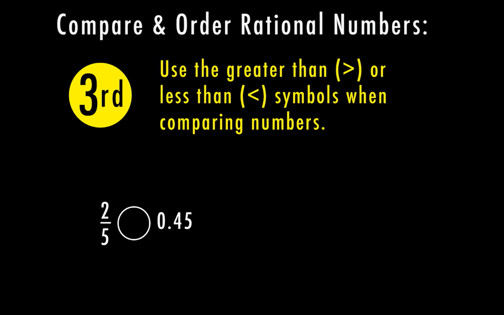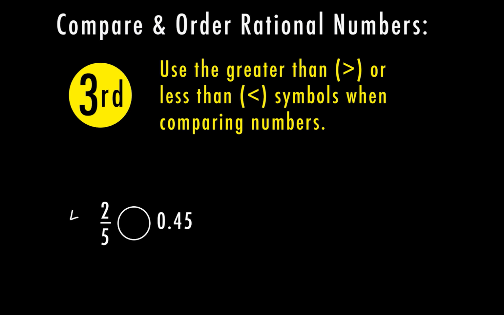So these are very common fractions: fifths, fourths, halves, thirds, sixths, and eighths. Those are ones that you probably are going to end up memorizing because you're going to see them a whole lot more often. So in this case, we know that 5 goes into 100 20 times, and 2 times 20 is 40.